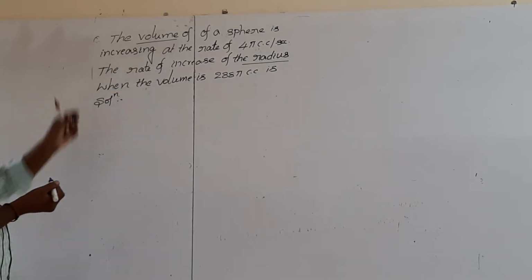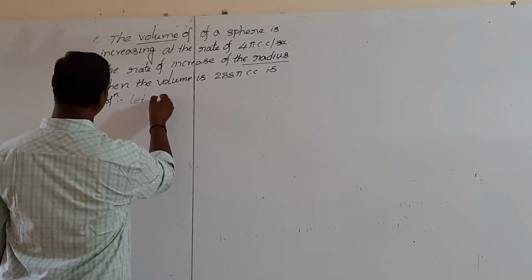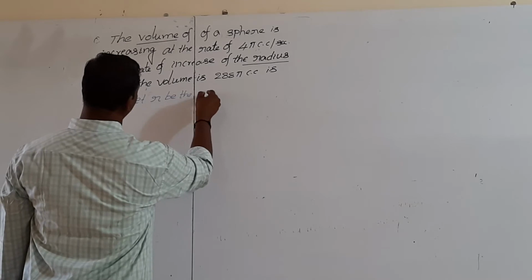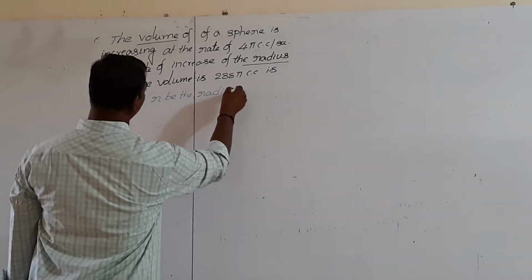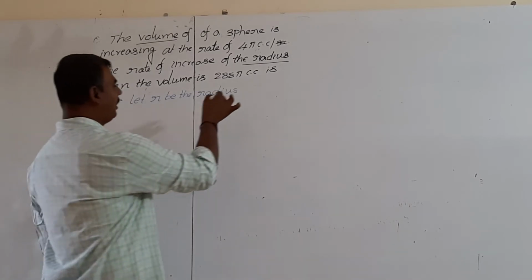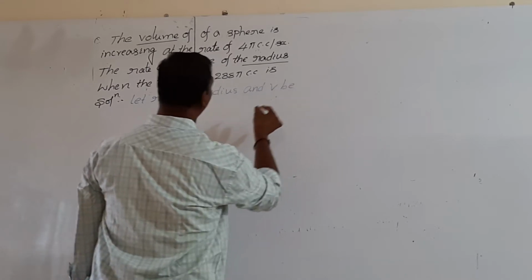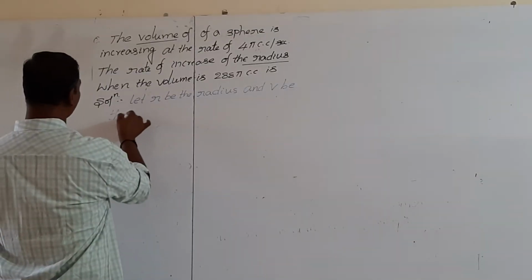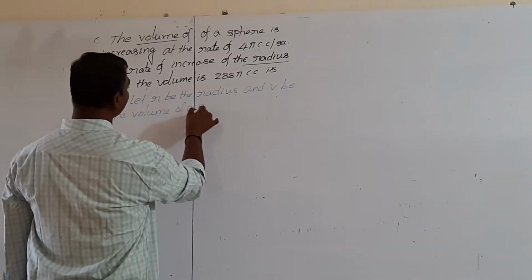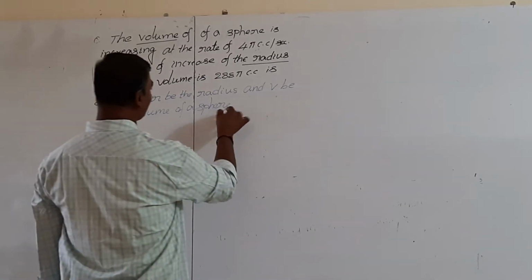Radius and volume. So let r be the radius and V be the volume of a sphere.